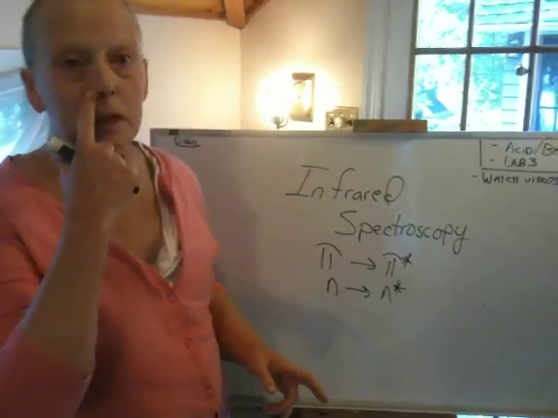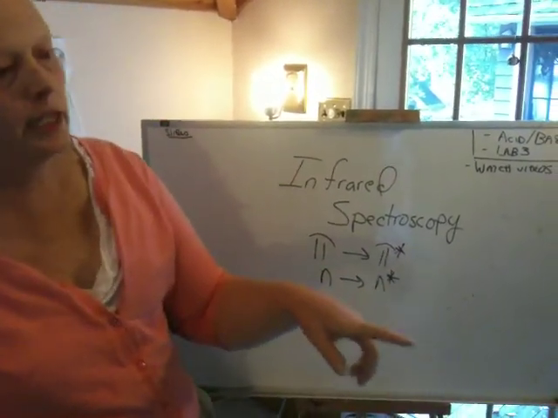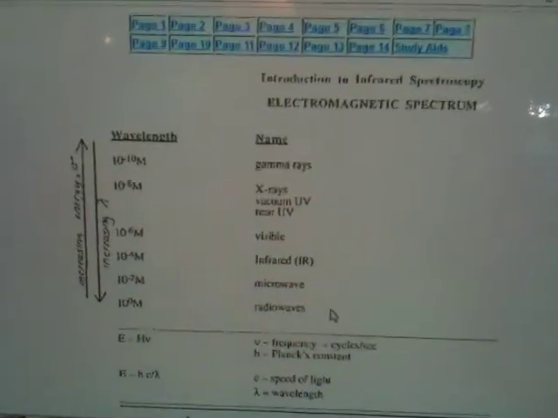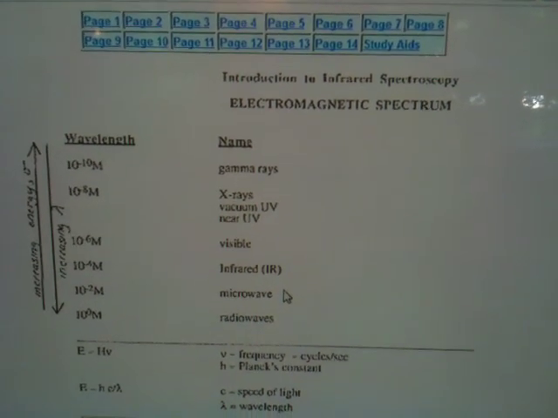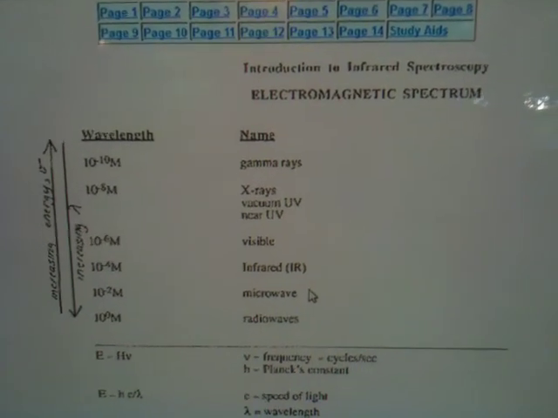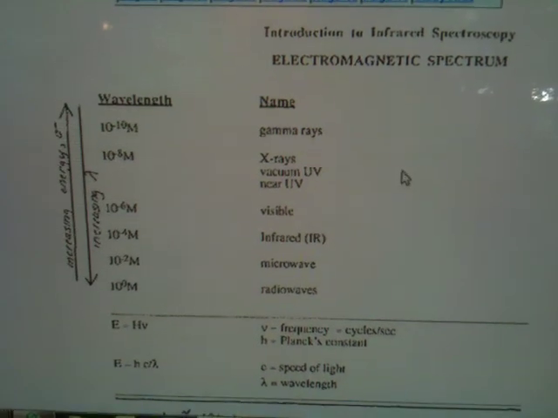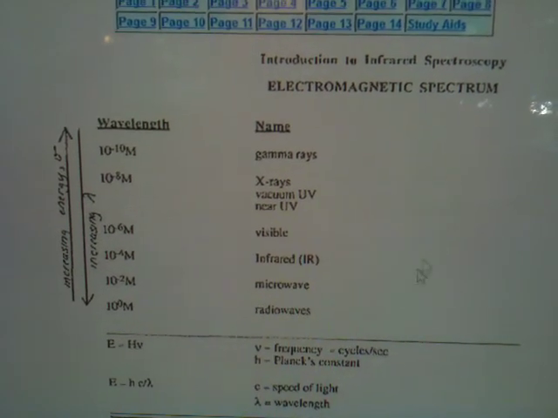But before we get started on how this works, I want you to take a look at the electromagnetic spectrum, okay? You could look this up anywhere, on Wikipedia, anywhere, okay? And these slides, by the way, are in your lab book in Lab 4.